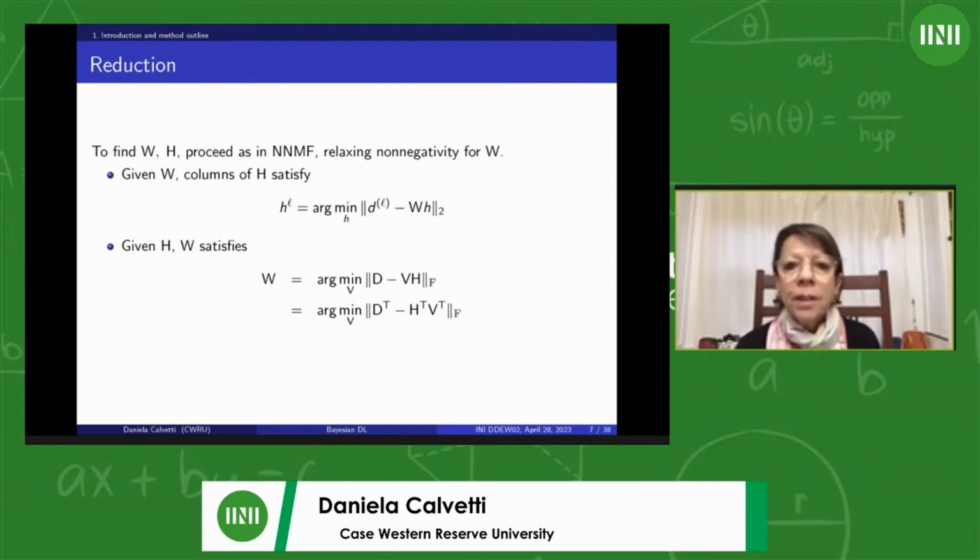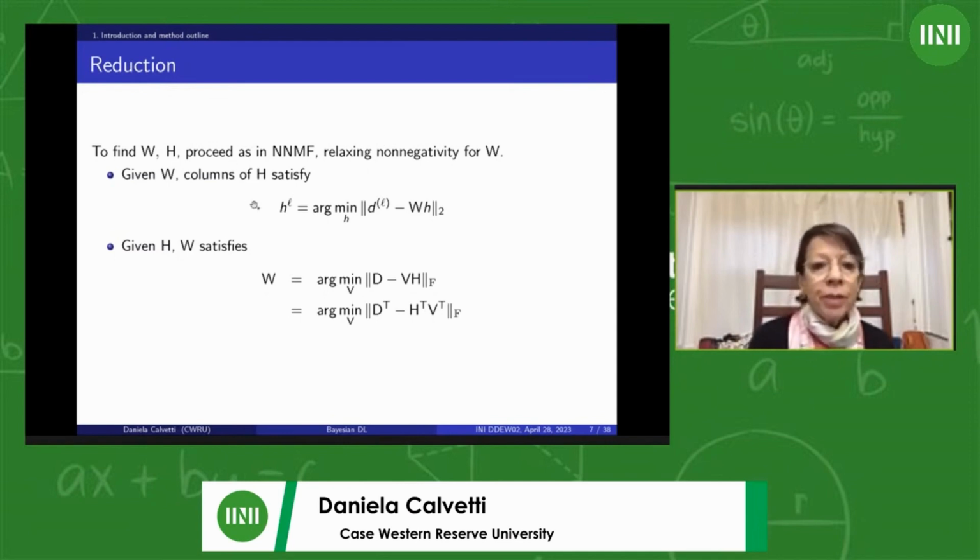In non-negative matrix factorization, both W and H are non-negative. In our case, H is always non-negative, but W is sometimes positive and negative, sometimes complex. So we relax the requirement for non-negativity for W if it's not pertinent.